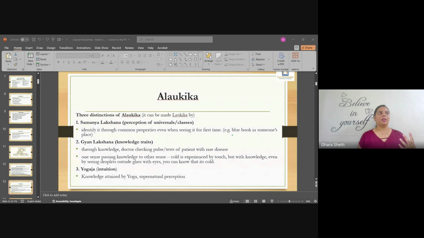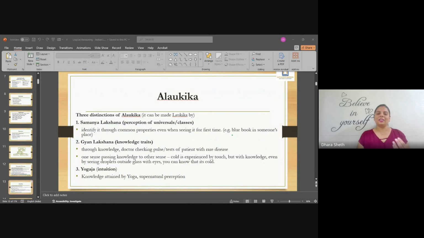Like, let's say about cold. So cold is something that you experience with touch, with your skin, its temperature. But when you see a glass of water which has droplets around it, you can understand that this glass must be having cold water. It will feel cold to touch.